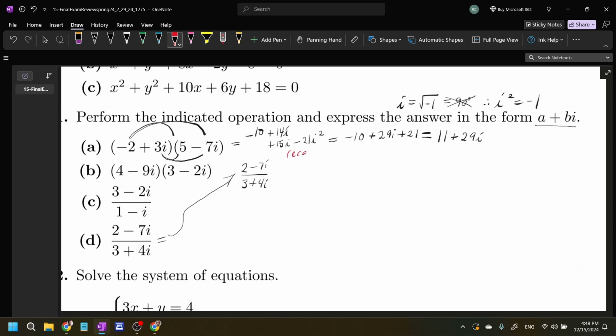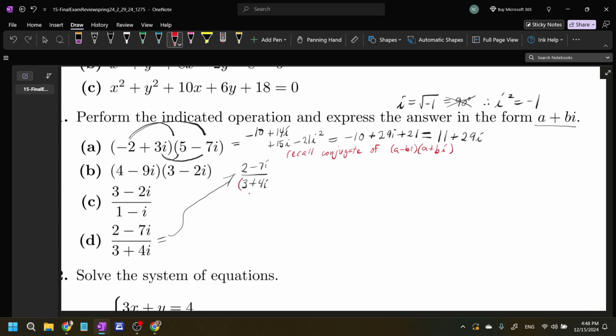So recall that the conjugate of a minus bi is a plus bi. And we're going to multiply our numerator and denominator by the conjugate to rationalize our denominator, make our denominator not have any imaginary components.